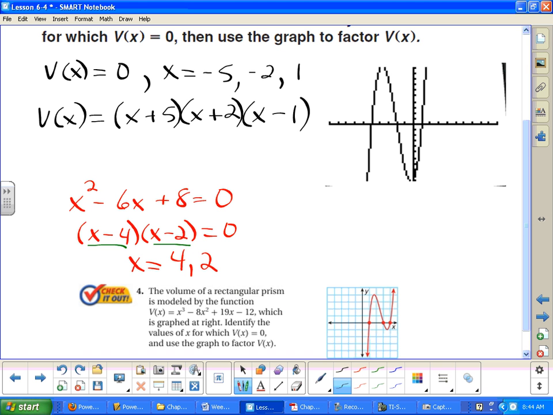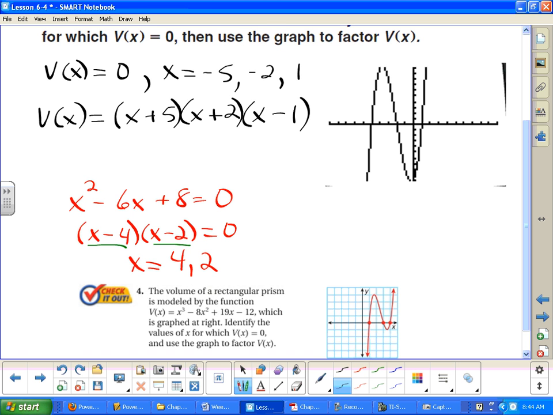If we know the zeros, to write it in factored form, the factors are going to be the opposites. That's one of the things we talked about with synthetic division. We divide by x minus a, so instead of negative a, I put positive a in there. So if you know the zeros, you can factor.